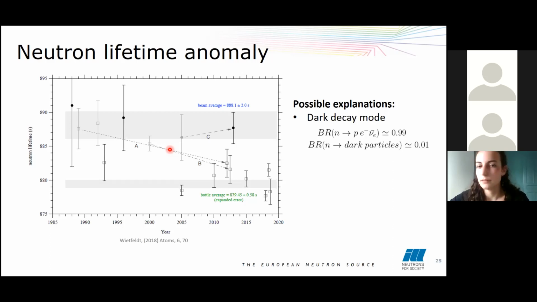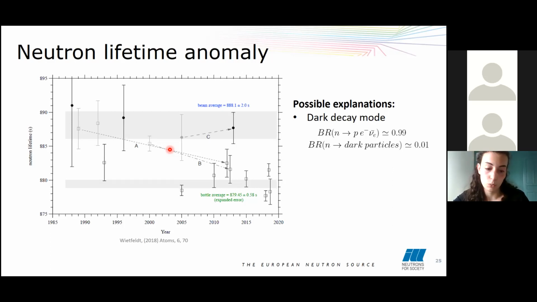And this 1% branching ratio would explain the discrepancy of 8 seconds. The reason why it would explain it is that the beam method measures only the decays that produce protons, while the bottle method, on the opposite, would measure every decay channel.